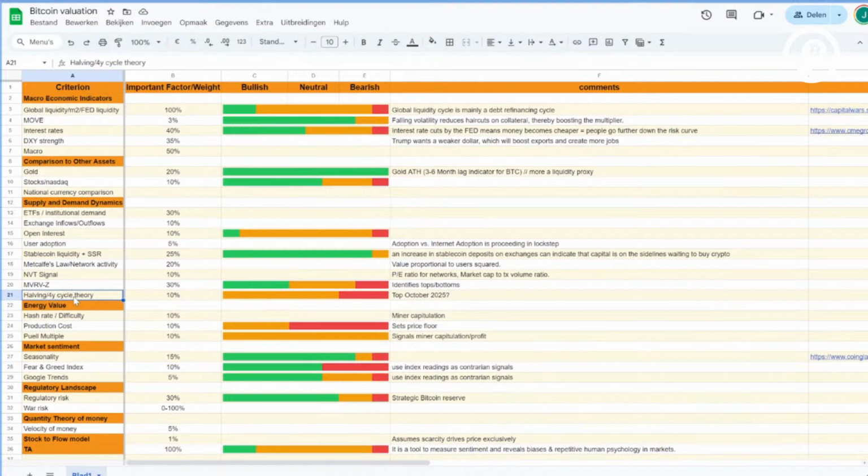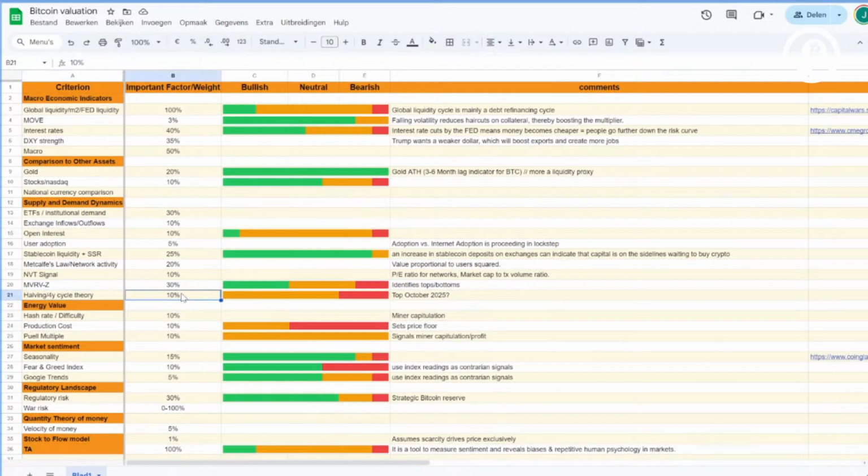Next one is, like I said, the halving, the 4-year cycle theory. A lot of people are not going to agree with me, but I don't think that is still the case. I don't think it still exists. Why? Because the reward for miners is so little that it doesn't move the needle. Before, it was super important, but at the moment I just think we follow the global liquidity cycle.